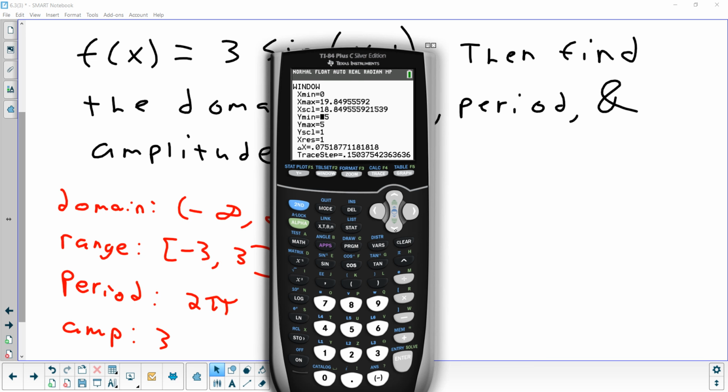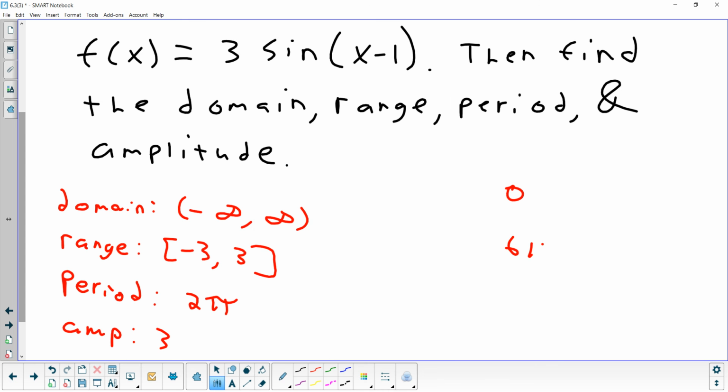So let's make it 19.85. Now it's changing things. That was originally a 0. So I still kept my window the same width. It was 0 to 6 pi. Now, I just shifted it 1 unit to the right.